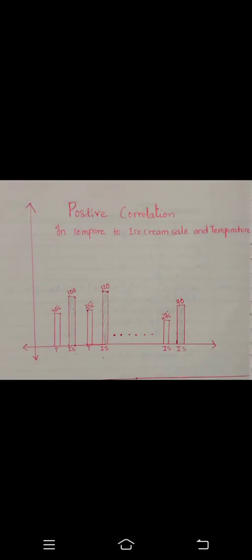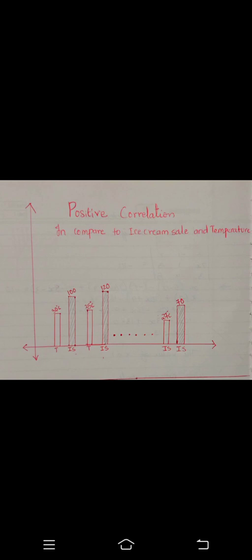First one, positive correlation, comparing ice cream sale and temperature. T is temperature, IS is ice cream sale. If the temperature is 30, the ice cream sale was 100 pieces. If the temperature rises to 35, the ice cream sale goes to 120.